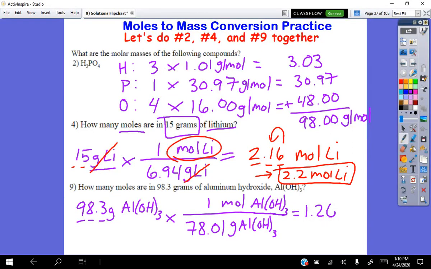So my final answer would be 1.26 grams, or sorry, 1.26 moles, my bad. Got to double check those units. Moles of aluminum hydroxide. And you can double check the units. If we had grams of Al(OH)3 over grams of Al(OH)3, we're left with moles of Al(OH)3 for our final answer.